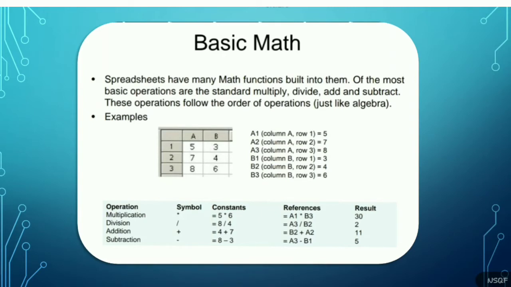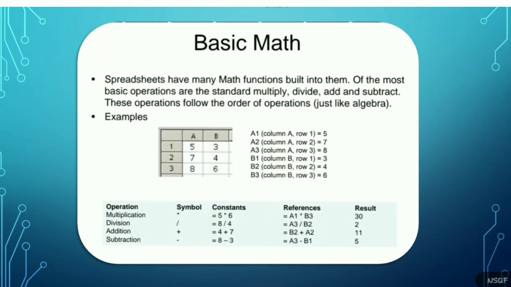Down there you can see operations, their symbols and their constants. After that you will see the reference result. We'll discuss in brief. First, there is multiplication. Multiplication is always shown in asterisk form, star form. What are the constants? 5 into 6.